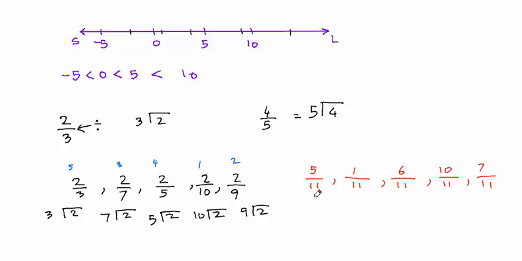So this time if you want to change each fraction to a division, like I said, the divisor is 11, so you have 11 outside on each one of them. And then you have 5 divided by 11 for this one, 1 divided by 11 for this one, 6 divided by 11 for this one, 10 divided by 11 for this one, and 7 divided by 11 for this one.